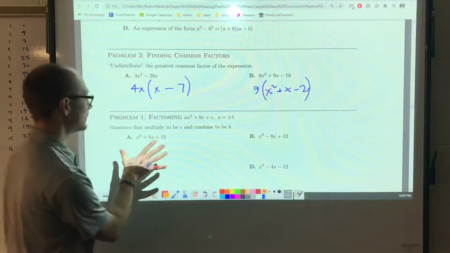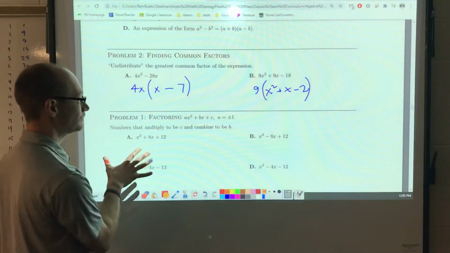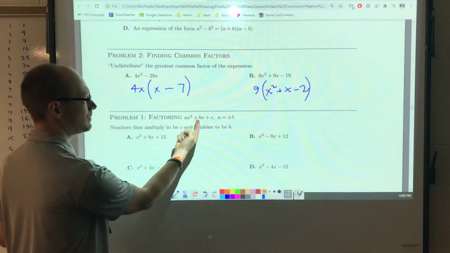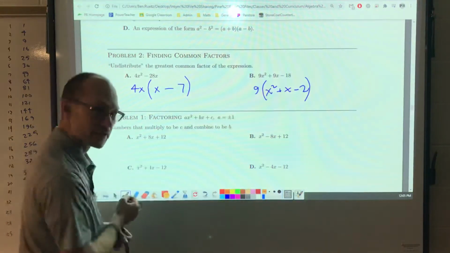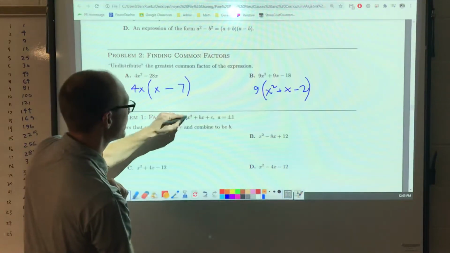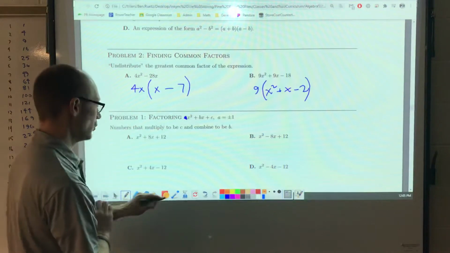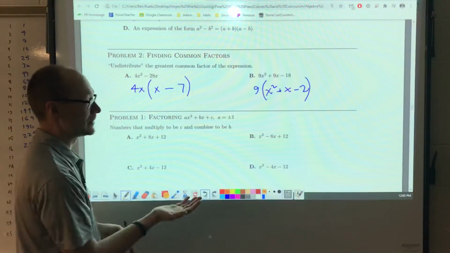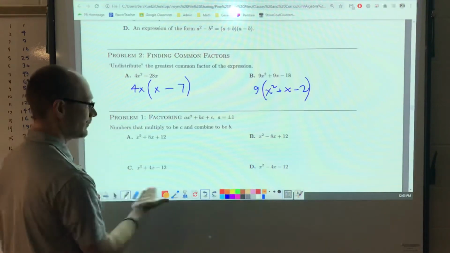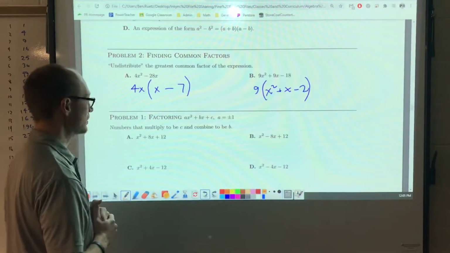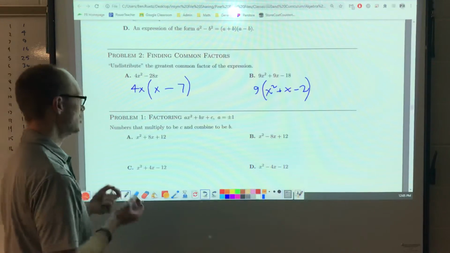Now let's look at problem number 1 then, which is an ax squared plus bx plus c, our standard form, when a is 1. So in other words, there's just nothing there, right? If there's nothing there, and there is a negative 1, we can always factor out that negative 1. But all of these right here, we can see what those look like. And this is what you're doing.